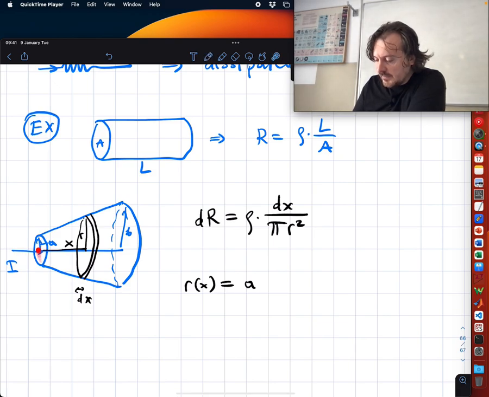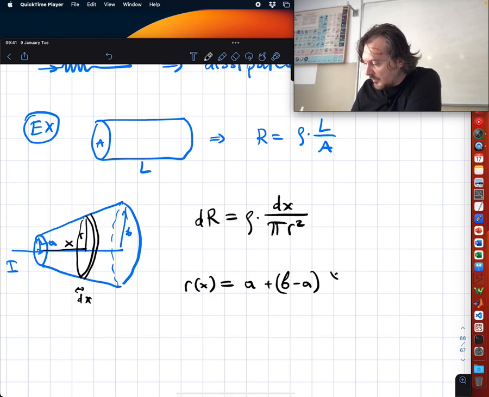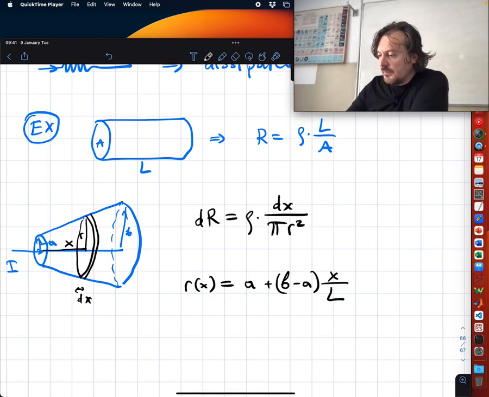I start with A at x equals 0, and when x becomes L, it becomes B. So I will add B minus A to it so that it becomes B at the end, and I will multiply it with x over L. Whenever x is L, r is B, because B minus A plus A is B. Whenever x is 0, r is A. Did you follow this? Otherwise, the equation is linear, which represents this linear change. Everybody's with me here? Yes?